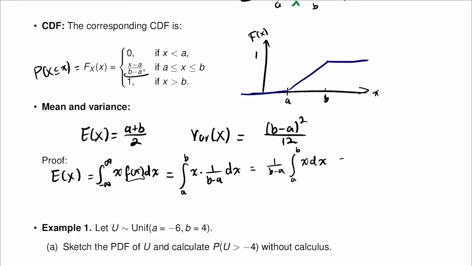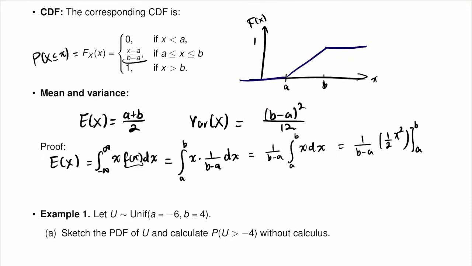But this integral is 1 over b minus a, and the integral is 1 over 2 x squared evaluated between a and b. We can take out the 2, so it's 1 over 2 times b minus a, and evaluate the x.